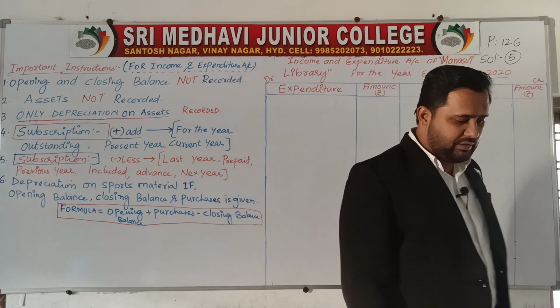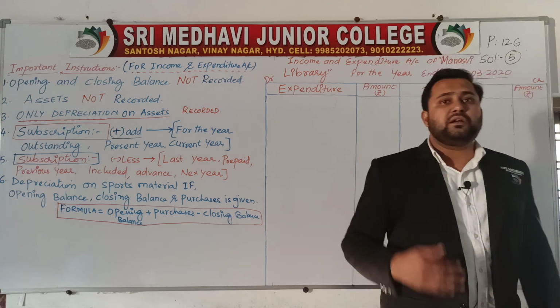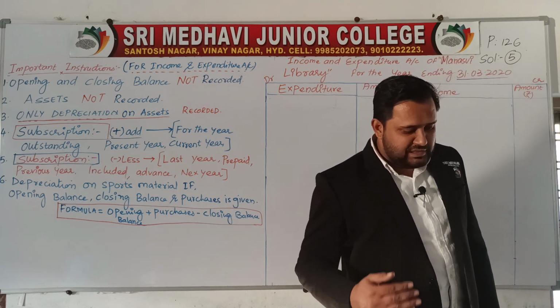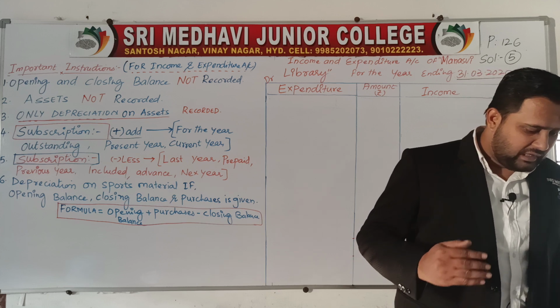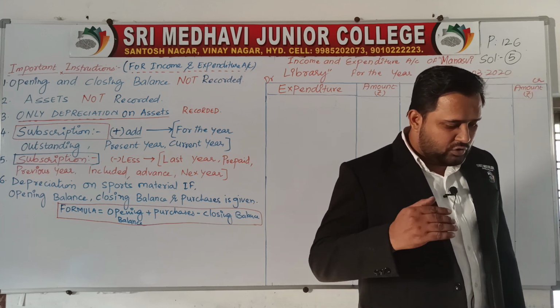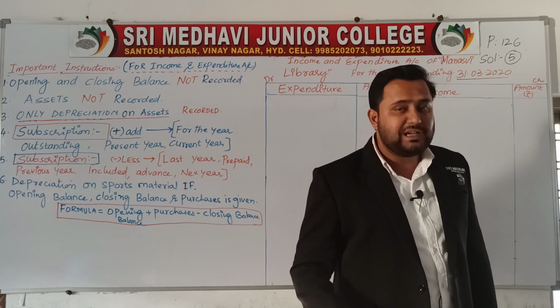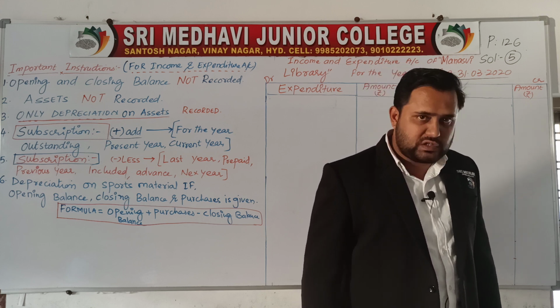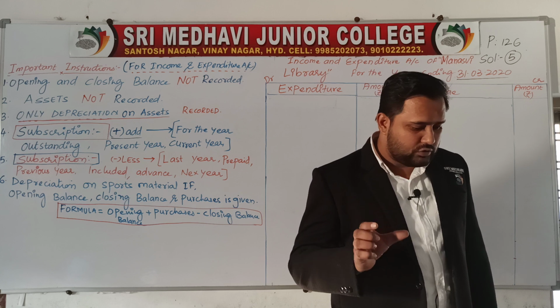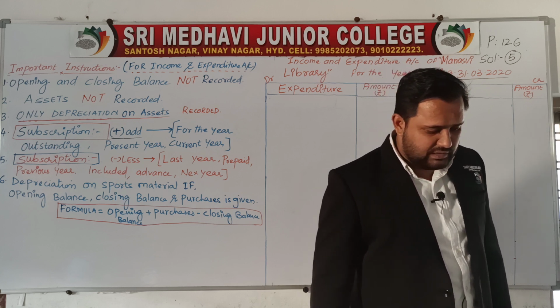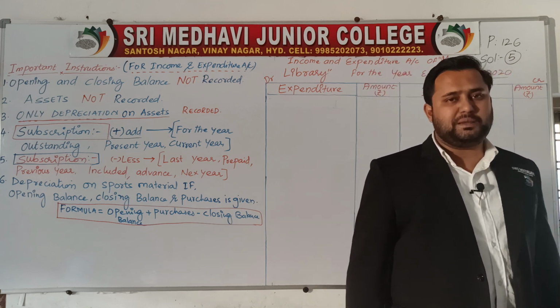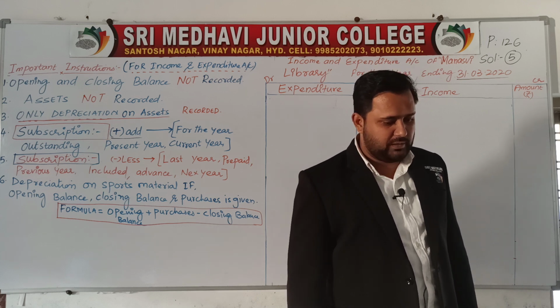The details have been given to you like this. On the receipt side: balance brought down, entrance fee, subscription, rent of lecture hall, interest on investment. On the payment side: salaries, rent, investment, postage, electric charges, books on 1st October 2019, newspapers, and balance carried down, closing balance is also given.